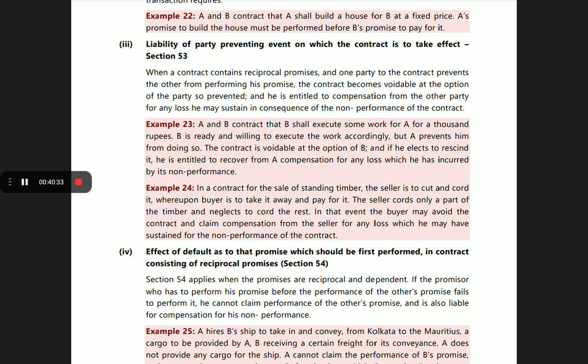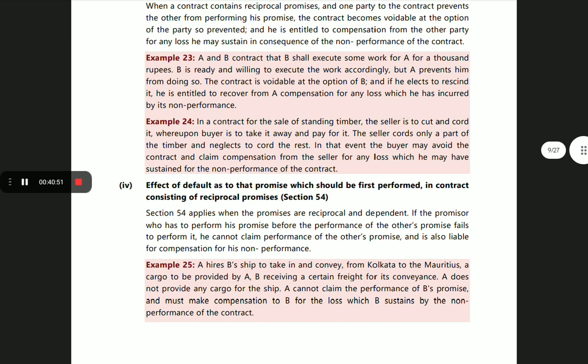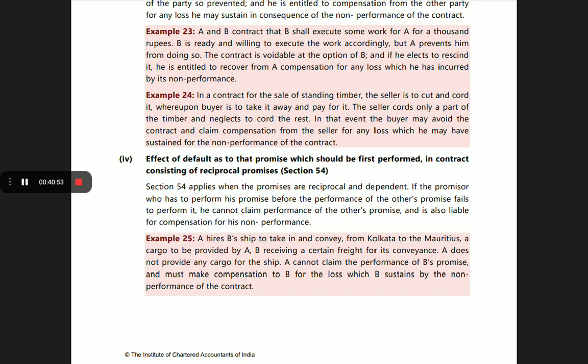Effect of default as to that promise which should be first performed, in contract consisting of reciprocal promises. Section 54. Section 54 applies when the promises are reciprocal and dependent.